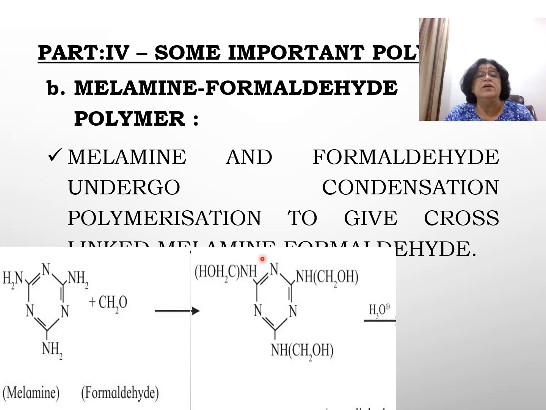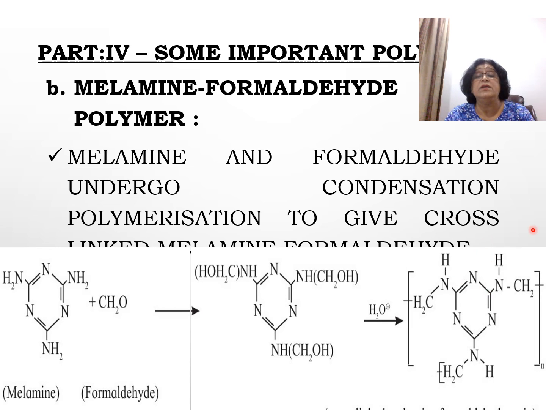So you see here, when it reacts with a CH2O molecule, where it was NH2, the H has gone to the electronegative oxygen, and NHCH2OH is formed. In phenol formaldehyde, the CH2OH was getting linked at the ortho and para positions, while here in melamine, the H of the amino group goes to CH2O and NHCH2OH is formed.